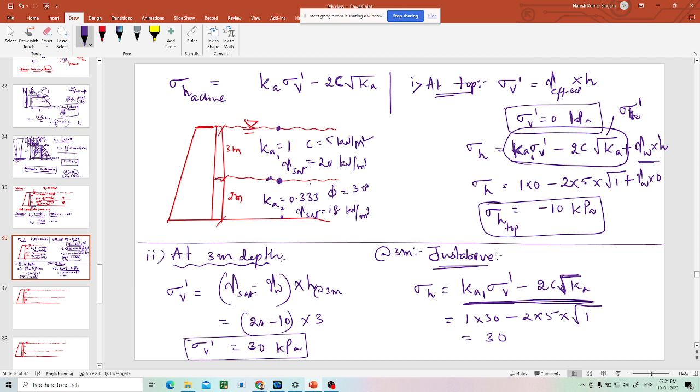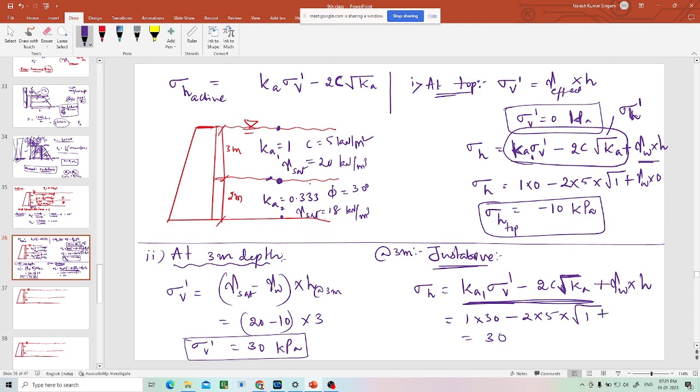So you should not multiply anything for the pore water pressure. I forgot to write it here. You have to add gamma w into h.